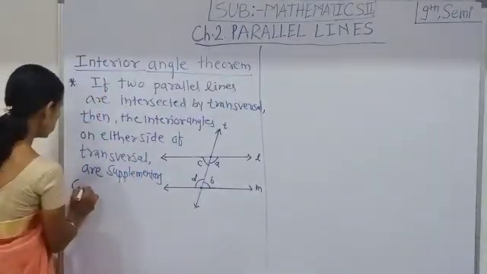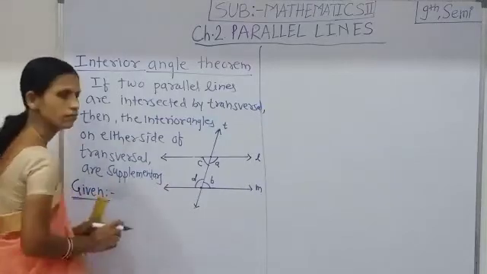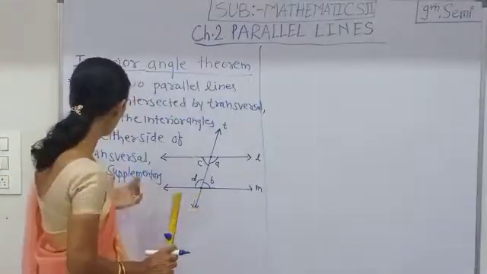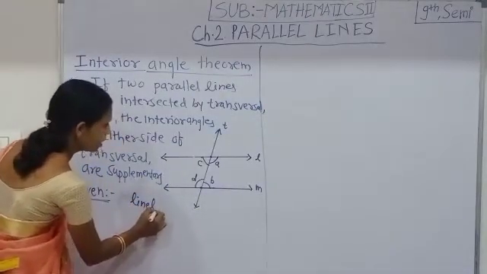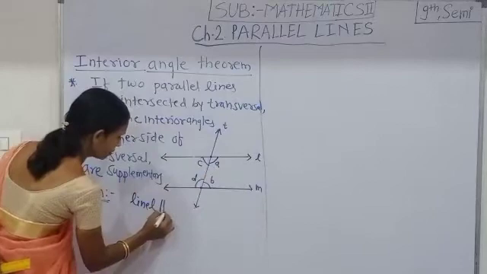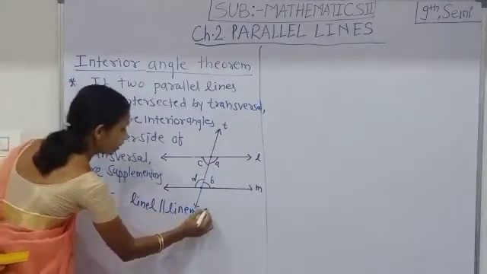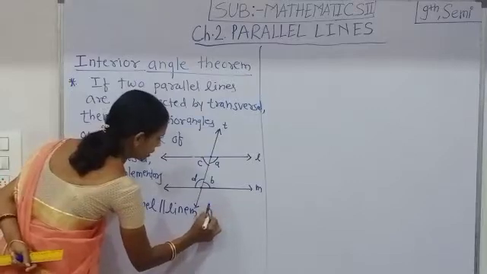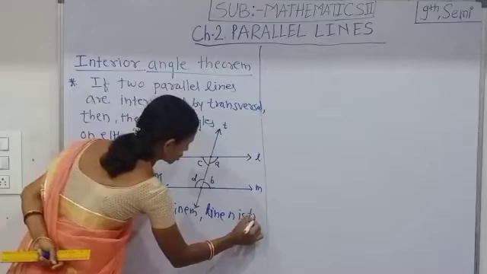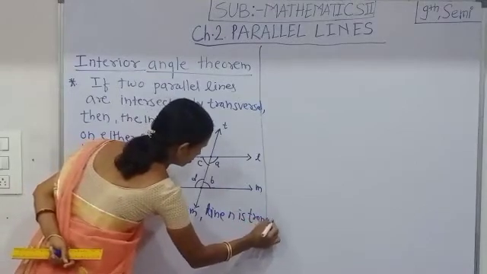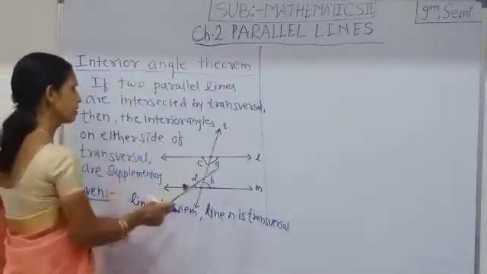Then we have to write the given: line L is parallel to line M, and line N is a transversal.